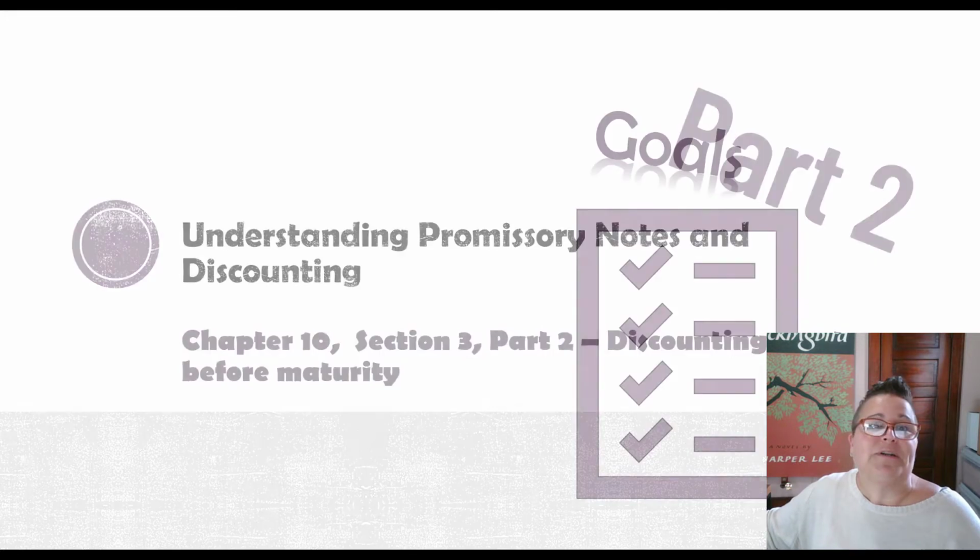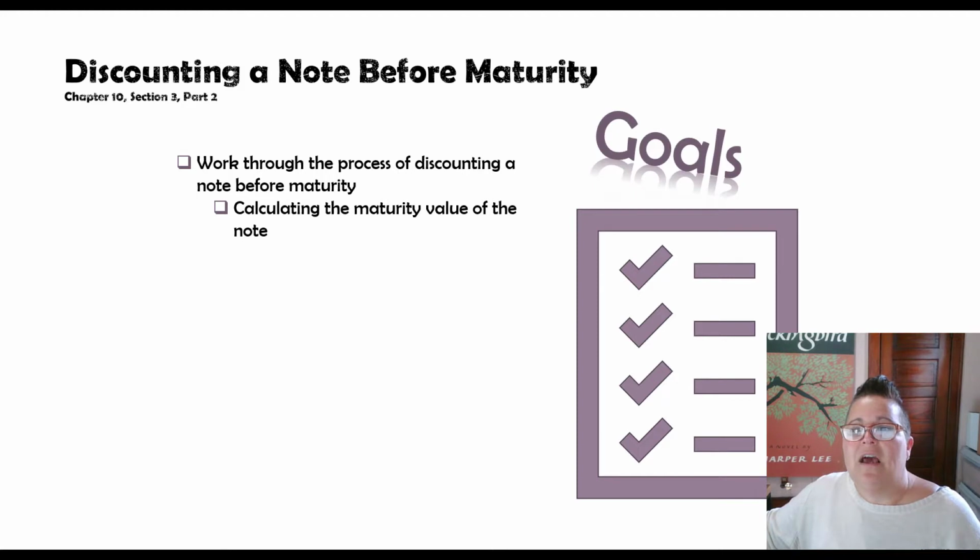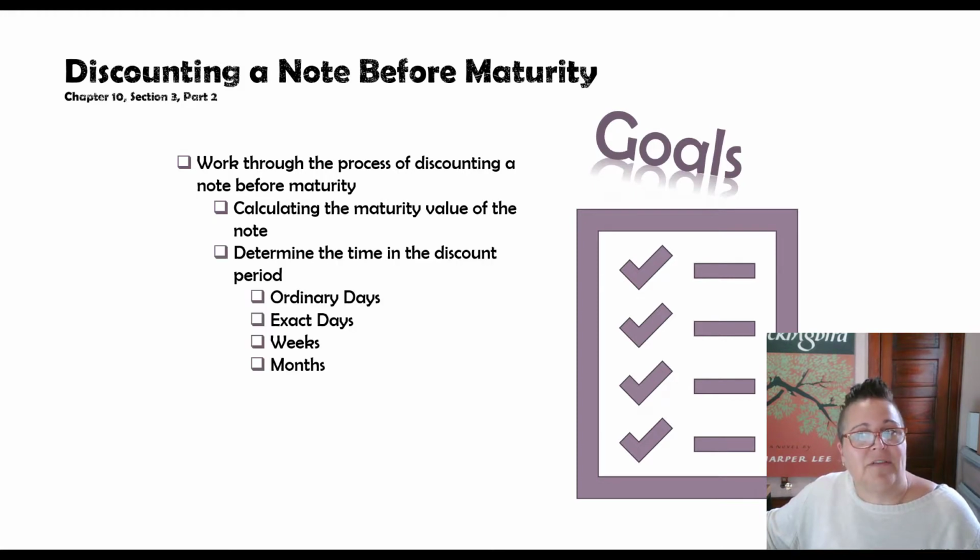So, in order to do that, let's go through the goals for this particular presentation. We want you to be able to work through the process of discounting a note before maturity. That means calculating the maturity value of the note and determining time in the discounted period of the note, whether that time is in ordinary days, exact days, weeks, or months.